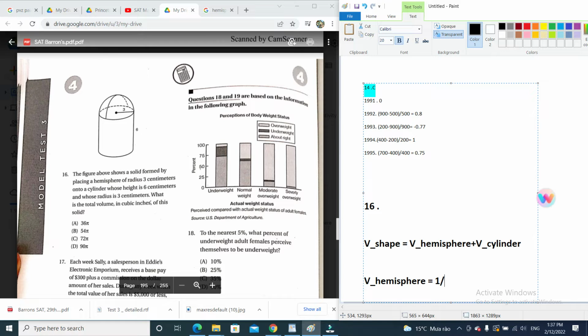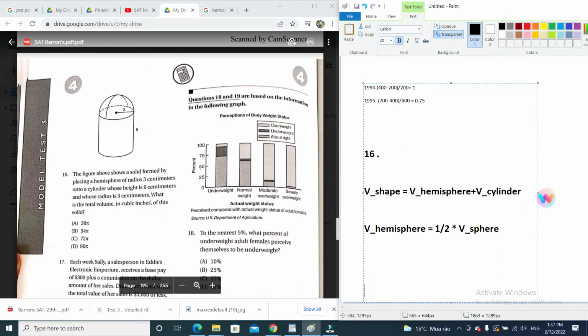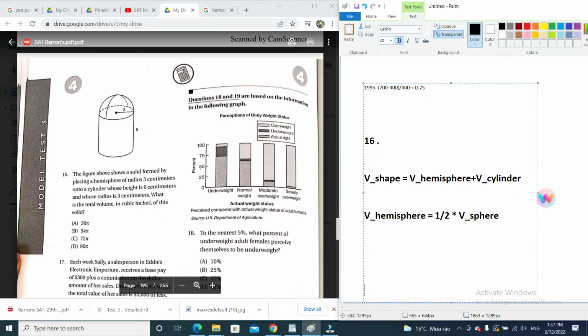So it's 1/2 times the volume of the sphere, right? The sphere, yeah. But the volume of a sphere is 4/3 pi times r cubed. So we can replace it in.